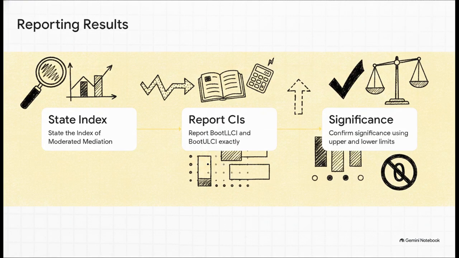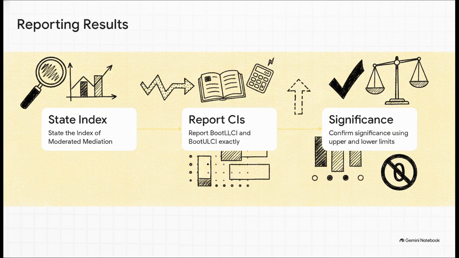Let's apply this step-by-step to our Rome tourism data. Pulling directly from the PROCESS output matrix, you'll first state the index of moderated mediation for APA 7. For example, you'd reveal that experience authenticity yielded an index of negative 0.6355. Then you report the bootstrapped confidence intervals exactly as they appear. That's the BootLLCI and BootULCI.